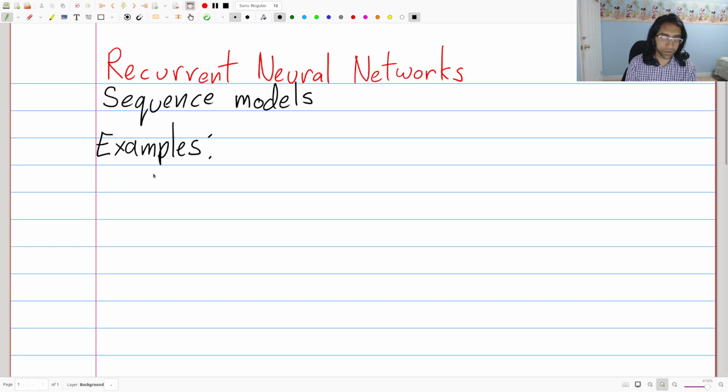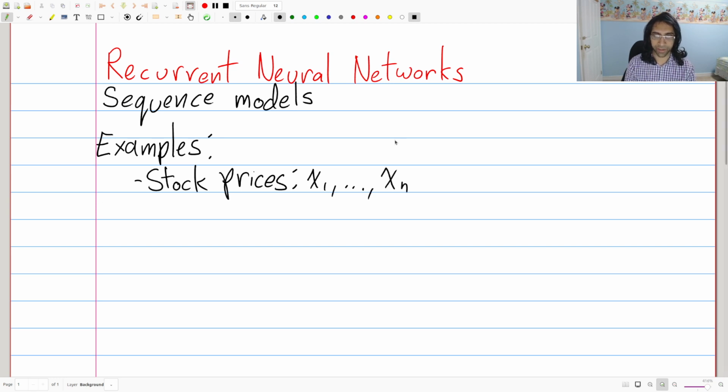There's two examples. One common example is stock prices. So for example, suppose you have stock prices x1 through xn at various different times. Maybe on day 1 the stock is $1, day 2 it's $1.15, day 3 it's $2, day 4 it's $1.25, and so on.